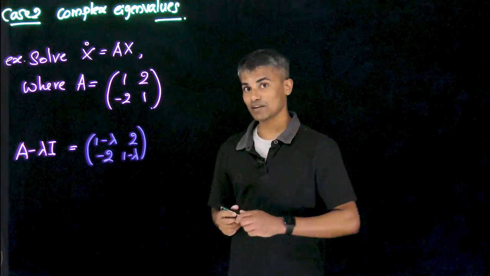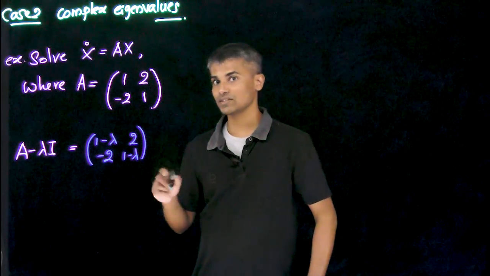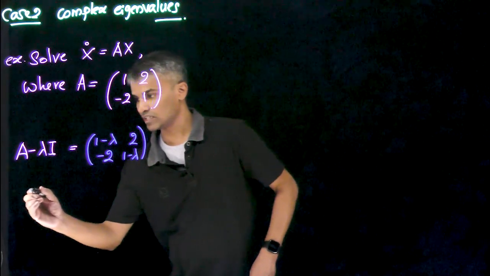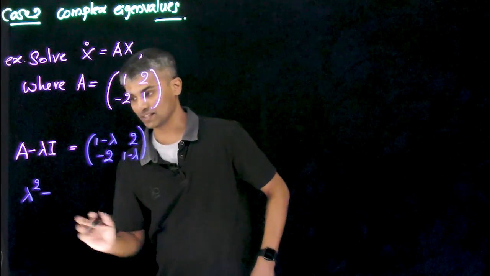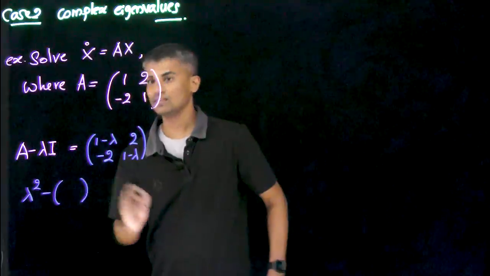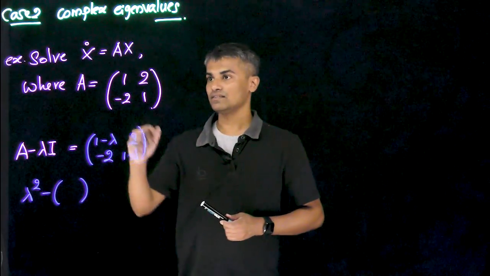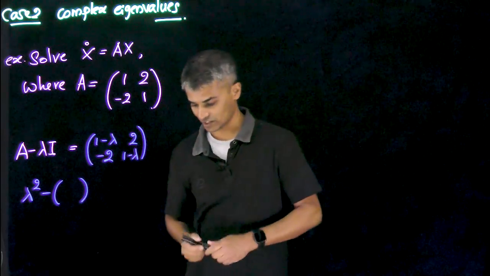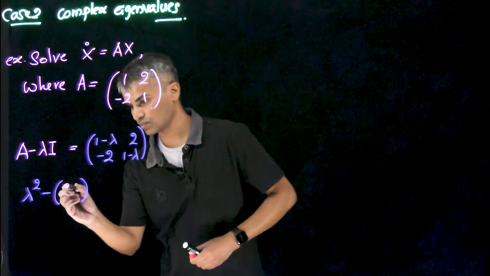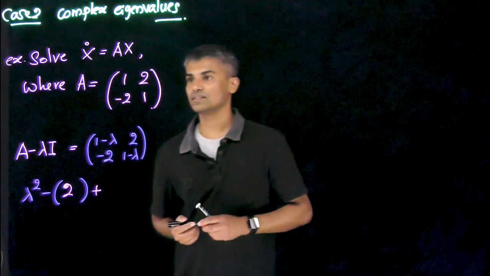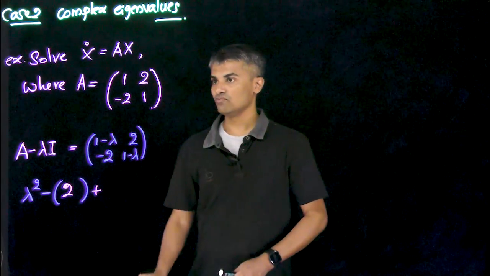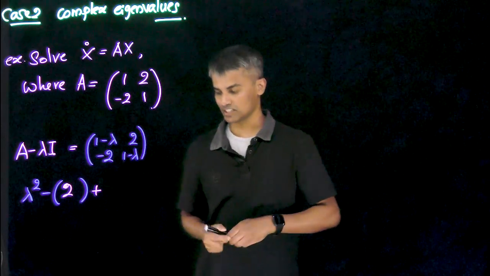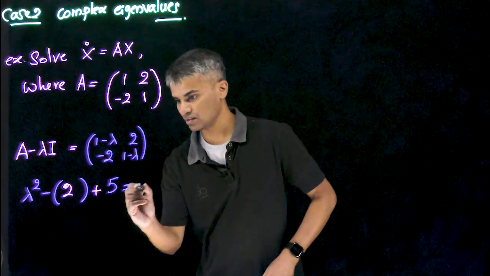Now as a shortcut method, we know how to calculate the characteristic equation for a 2 by 2 matrix. So basically you should get lambda squared minus the trace of this matrix A, where the trace equals the sum of the diagonal elements, which is 1 plus 1, therefore it is 2, plus the determinant of this matrix, which equals 1 times 1 is 1 minus negative 4, which is 5, equals 0.